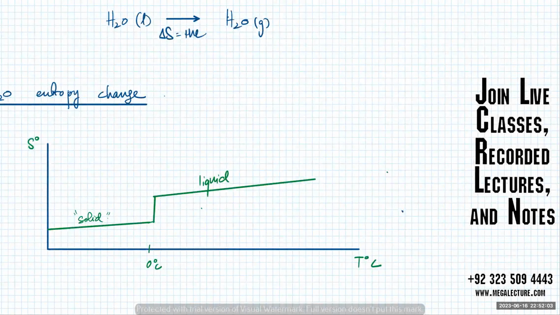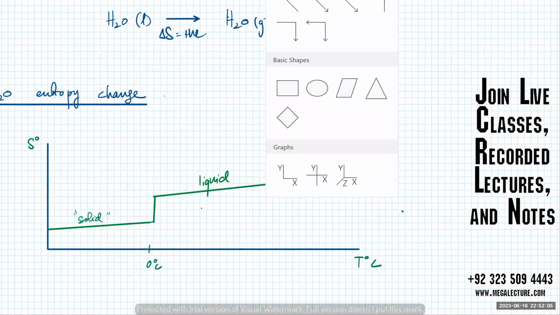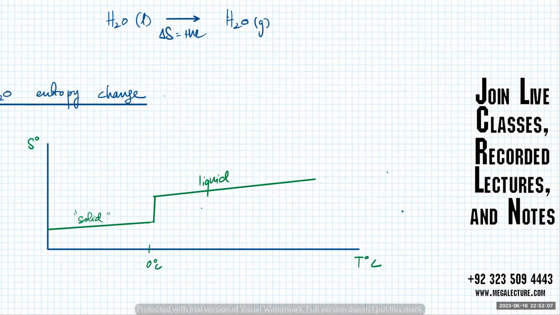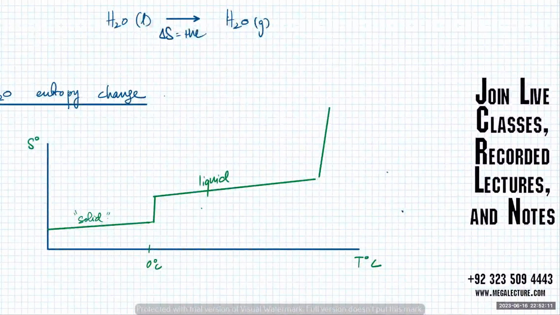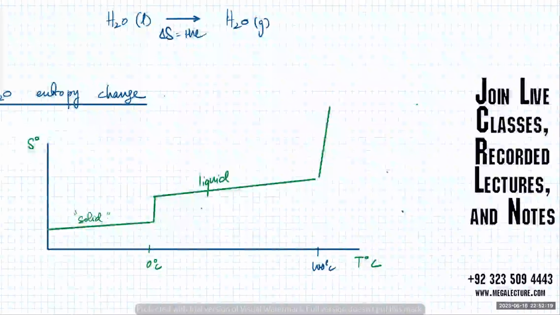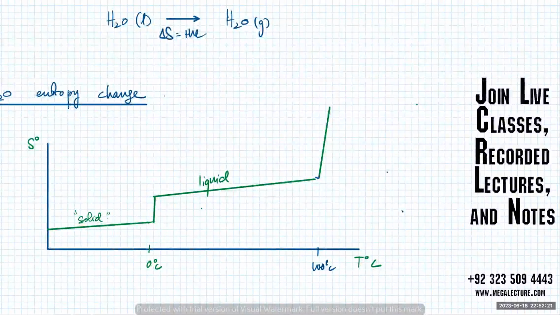And then what happens? Then there's a huge jump when the temperature reaches 100. So now you've got this huge, massive jump at 100 degrees centigrade. So all of a sudden, a lot of energy goes into changing the disorder of a system.